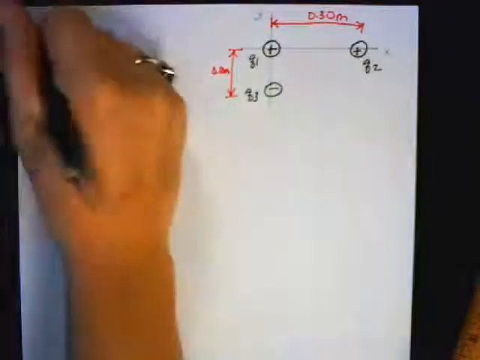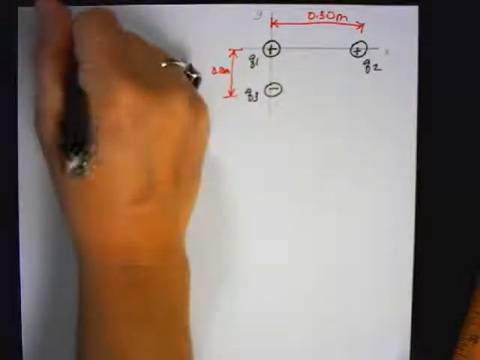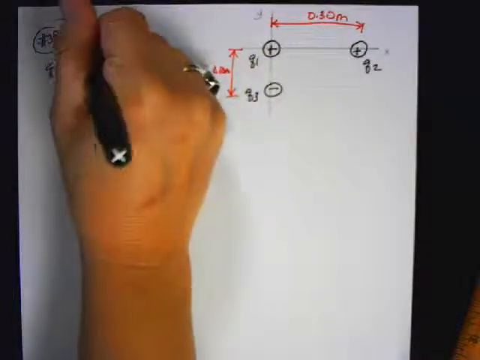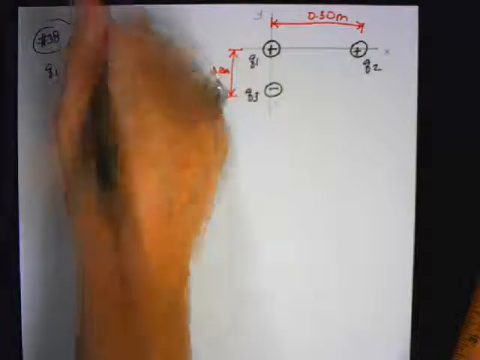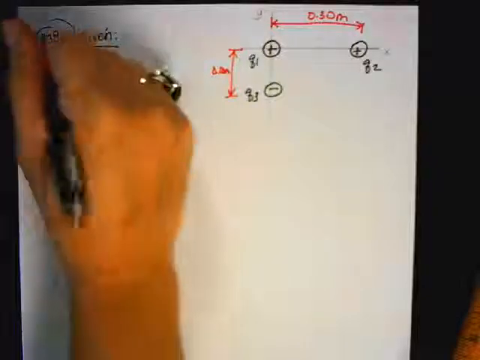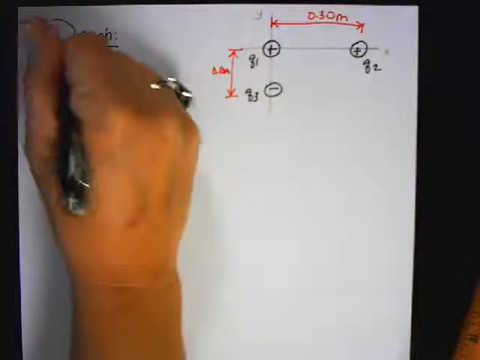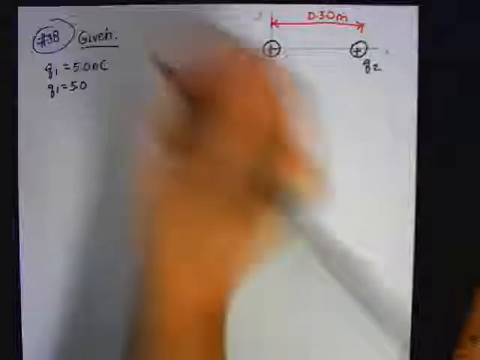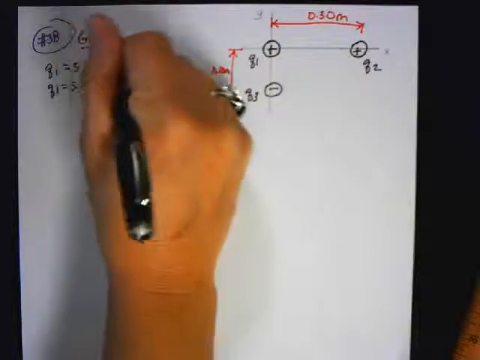So now, in my given, I see that Q1 is equal to 5.0 nanocoulombs. So nano means 10 to the negative 9. Instead of trying to do a conversion and making a mistake, I write it just as I see it, 5.0 times 10 to the negative 9 coulombs.